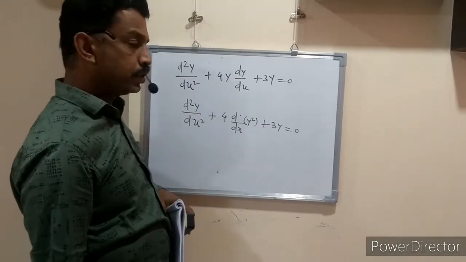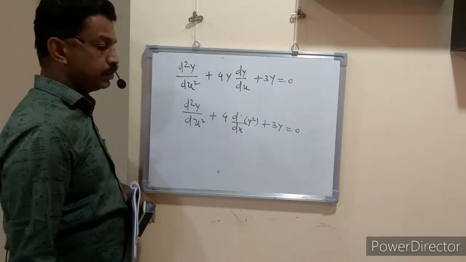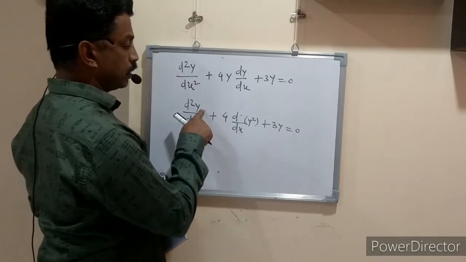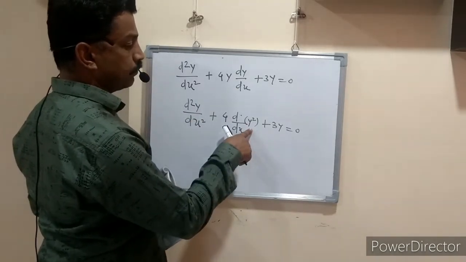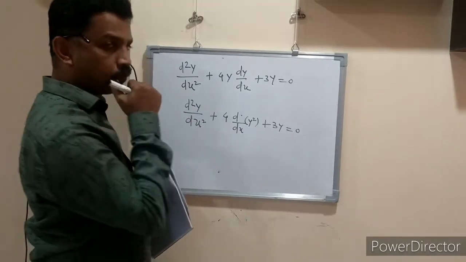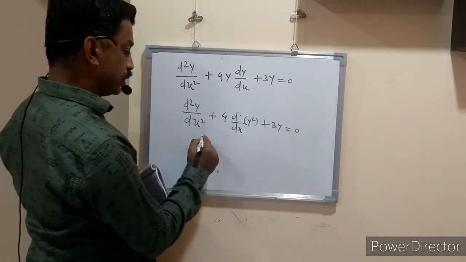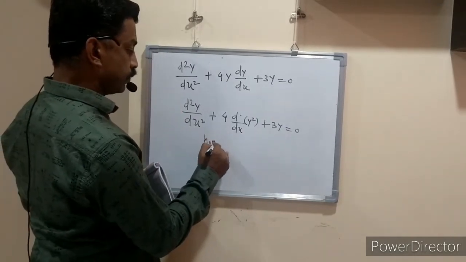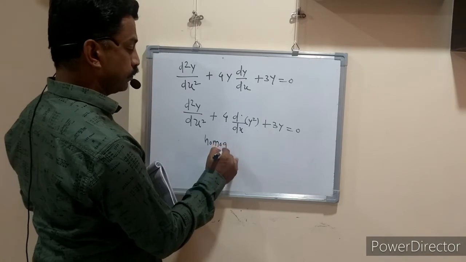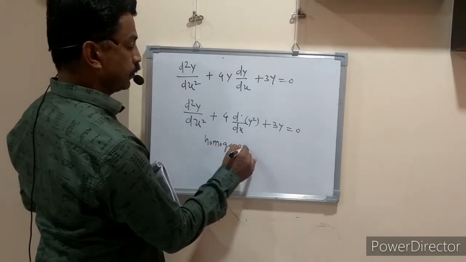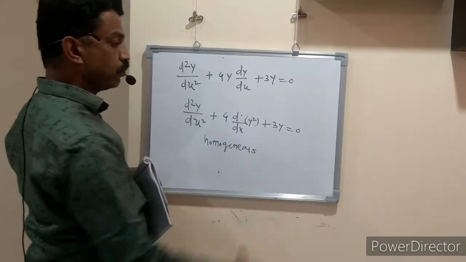Now is it homogeneous or non-homogeneous? Here the dependent term y is present in each term, therefore it is homogeneous. So this equation is homogeneous.